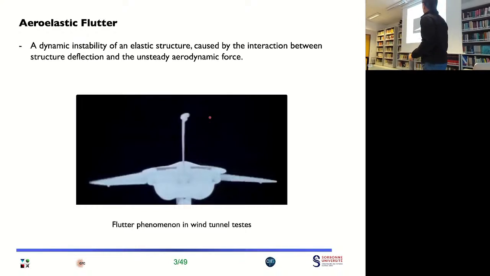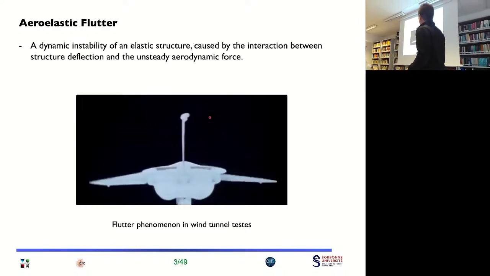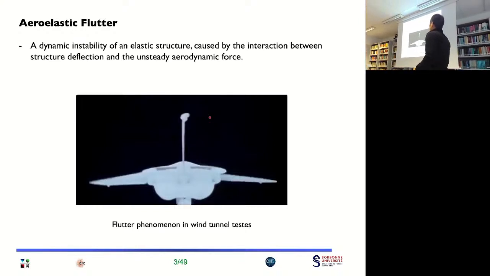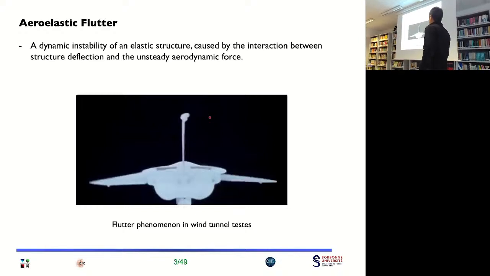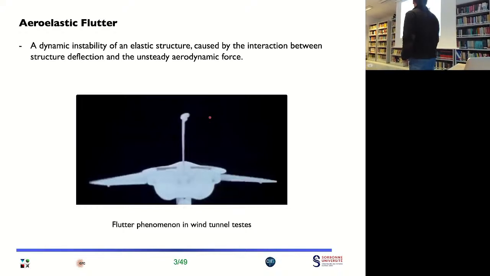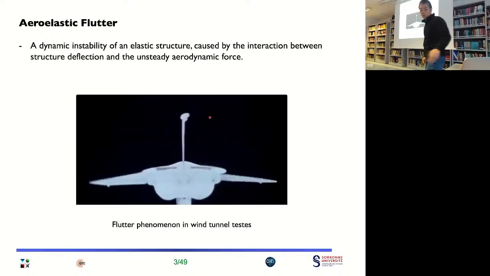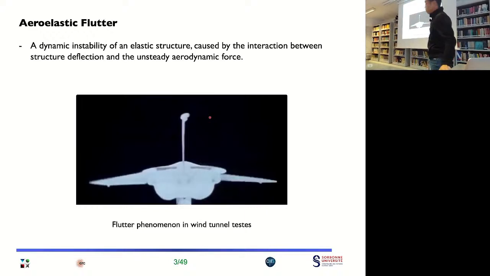So what is aeroelastic flutter? Flutter is a dynamic instability of an elastic structure caused by the interaction between the structural deflection and the unsteady aerodynamic force, and is a very dangerous phenomenon.